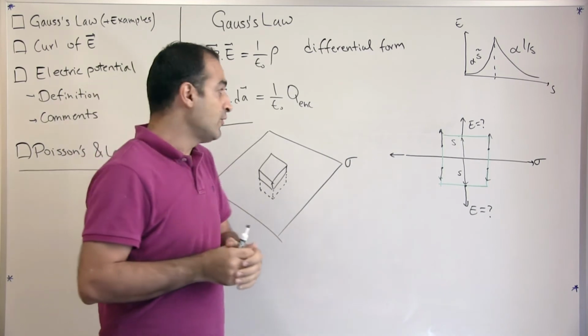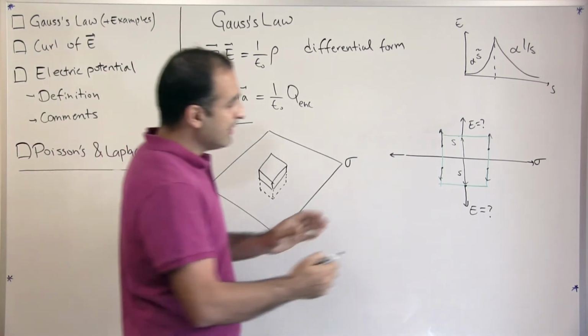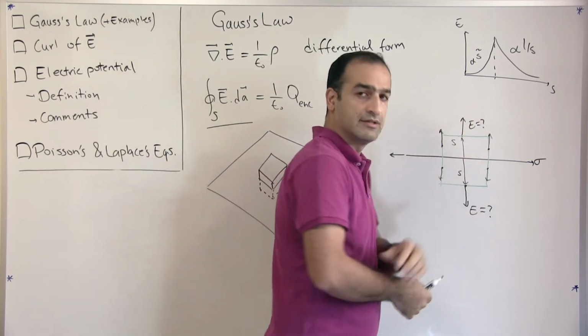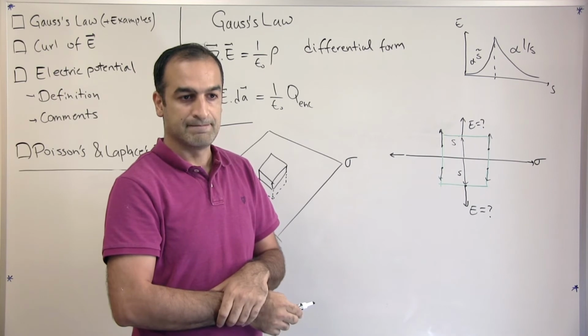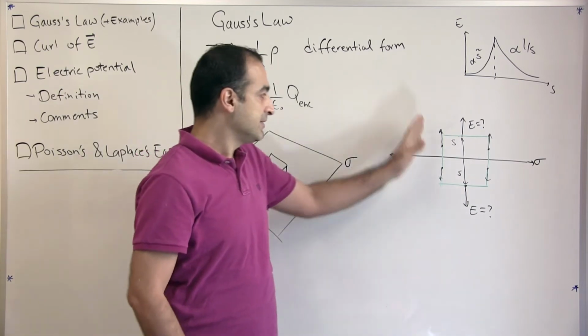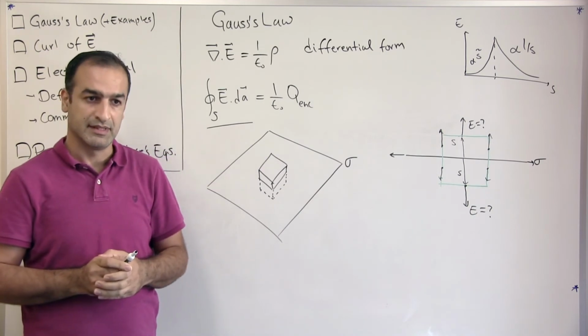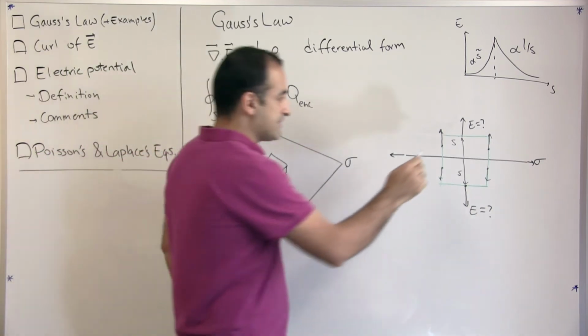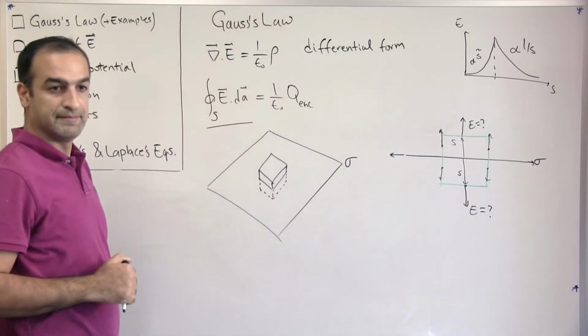So when it comes to the integral of E dot dA, the side surfaces do not contribute at all. And that's only because the surface is parallel to the electric field. But the top surface and the bottom surface contribute to this integral.